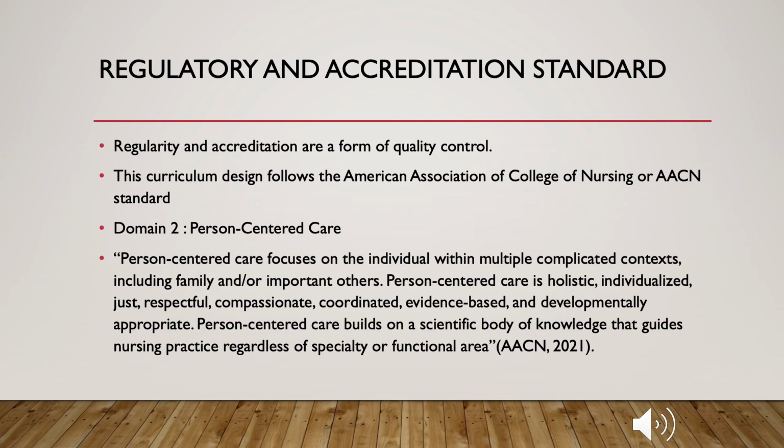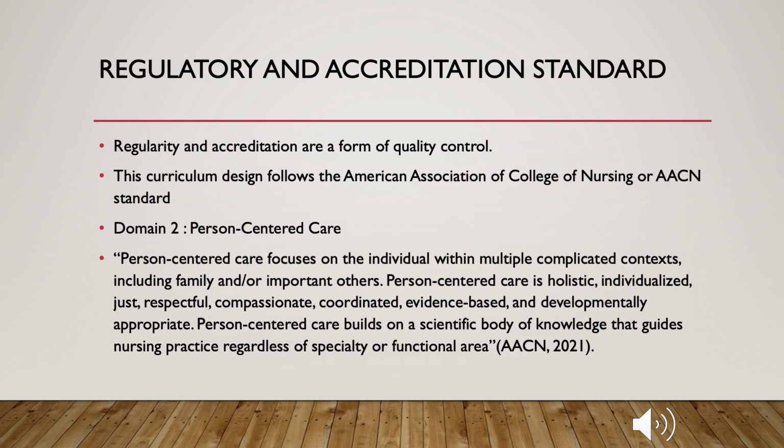Regulation and accreditation are a form of quality control. The accreditation in nursing education is performed by an accreditation body. It helps control the quality of nursing academic programs because an institution with an accredited nursing program will continuously improve its academic quality and have ongoing evaluation and planning to meet the criteria.